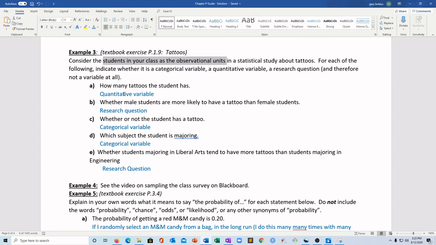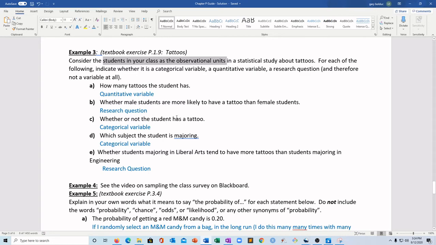This is a question about all students that I'm interested in. And so as soon as we get to something that's about all students, then we're most likely a research question. And so this one, whether male students are more likely to have a tattoo than female students, is a research question.